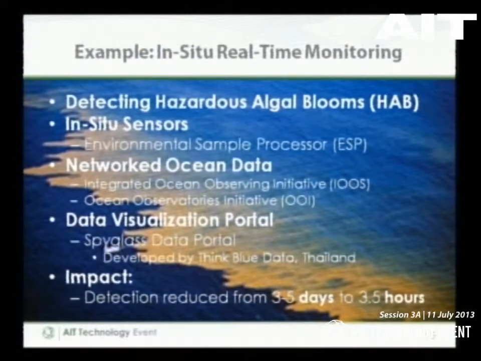The networked ocean data side is that in the U.S., there's a very large project which is integrating the data that is collected around the oceans across the entire US. And that data is being collected, aggregated, integrated, and served continuously. So this is called the IOOS.